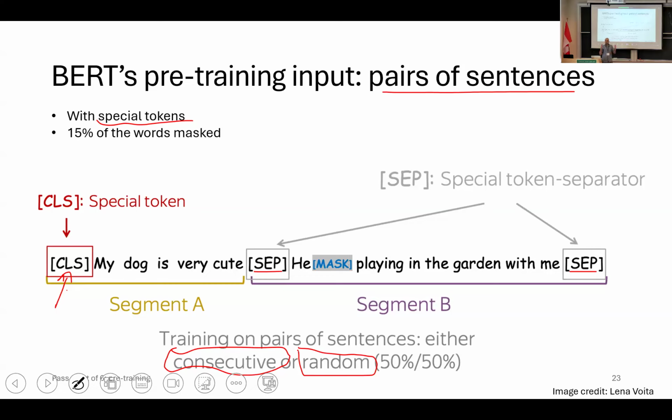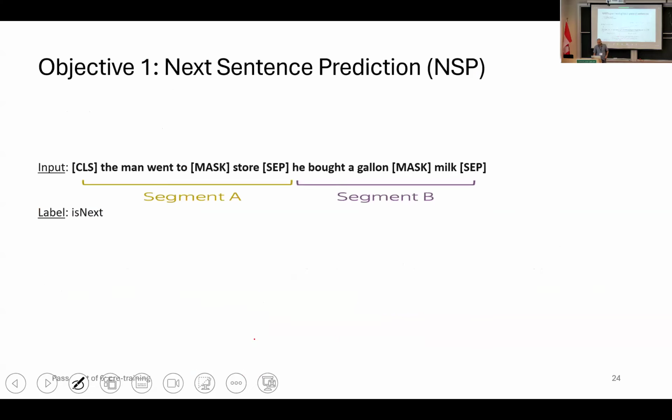You could just use two sentences which were indeed consecutive in the original text and use them as consecutive pairs, and then you can pick any random sentence from one part, another random sentence, put them next to each other, and give it to BERT to see how it classifies them. All right, so this was the next sentence prediction task. Any questions so far?